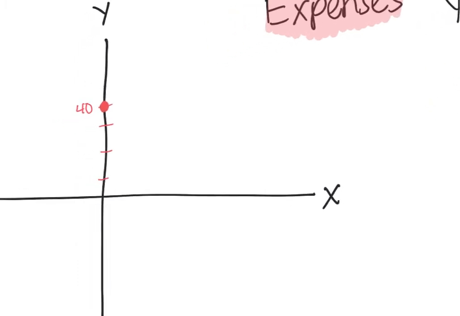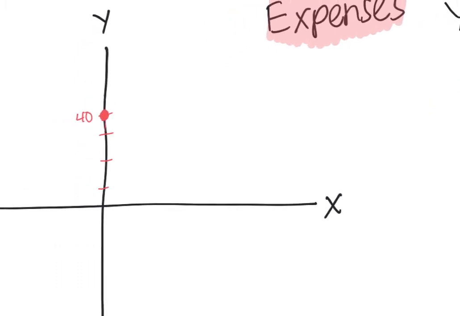Down 25, and then where? Across 1. So let's make this 1. Let's move over 1. So here's our next point.